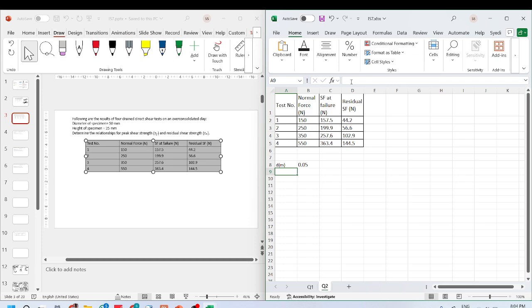Then we have the height, which is 0.025. Then we have the area.